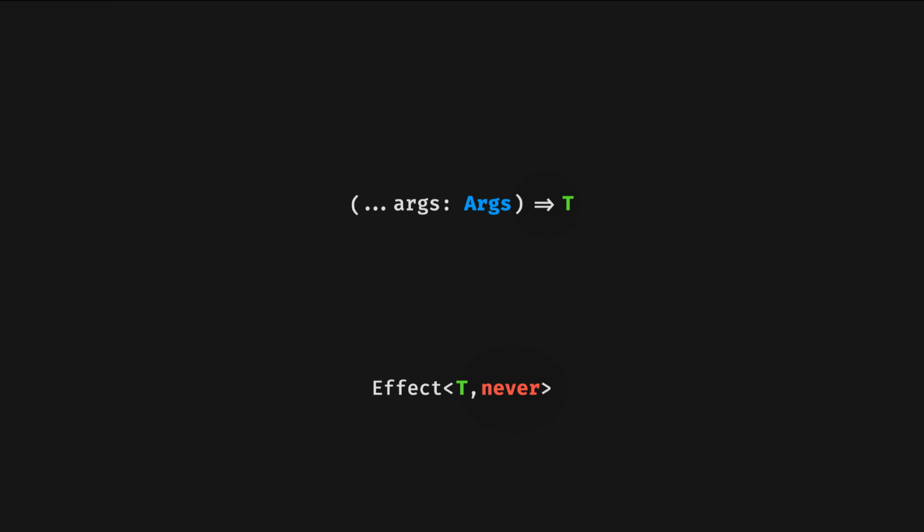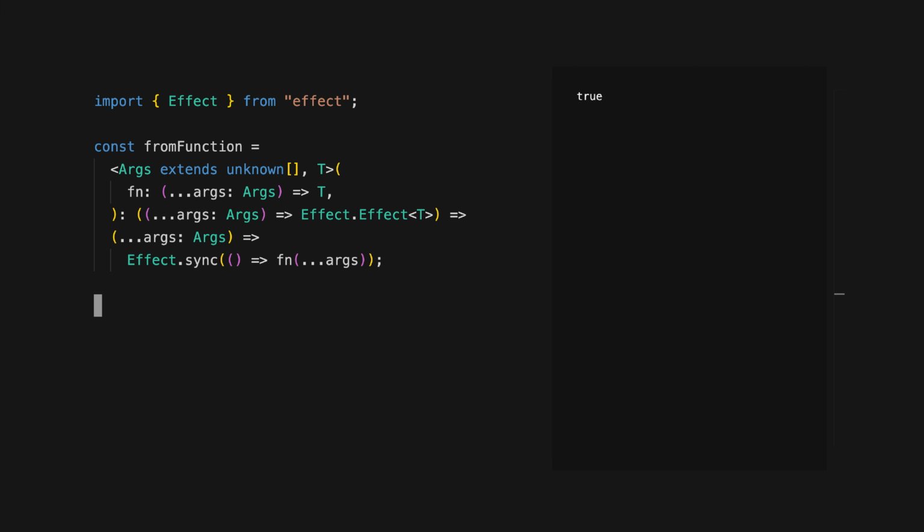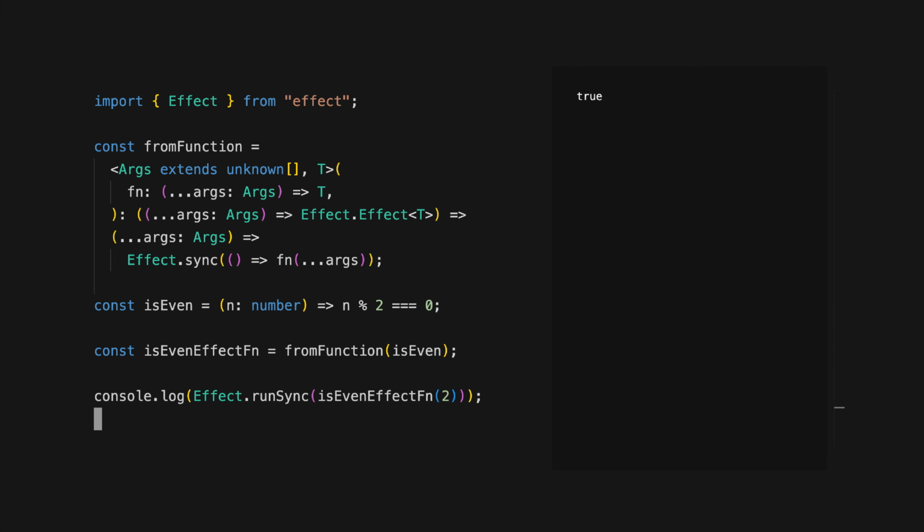Remember when I said we cannot convert a function with one or more arguments into an effect? It's because there is no way we can transform the provided arguments into an effect. Even though we cannot transform to an effect, we can transform to a function that returns an effect. Here is an implementation for such a function. The usage of it looks something like this.